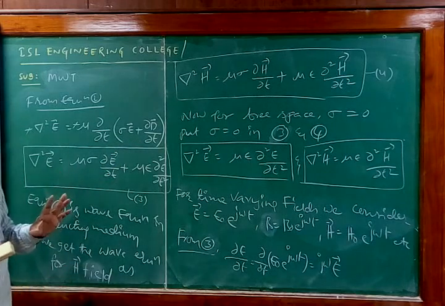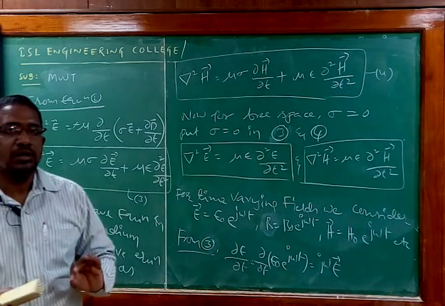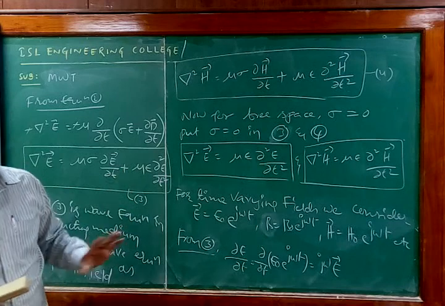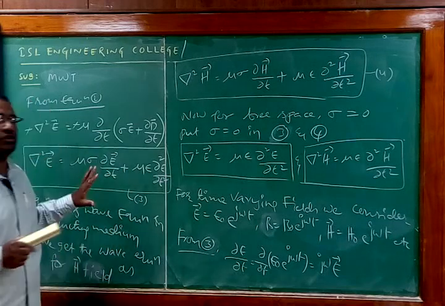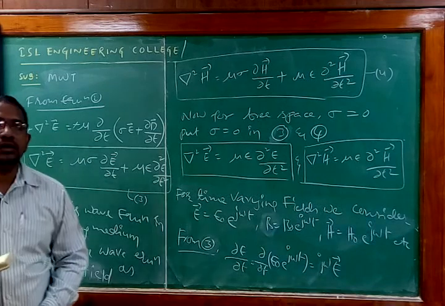So what I am doing is simply making substitutions based on the basic rules of Maxwell's equations. That's all, nothing else I am doing. You just have to apply and solve for it. Automatically you will be getting the wave equation.